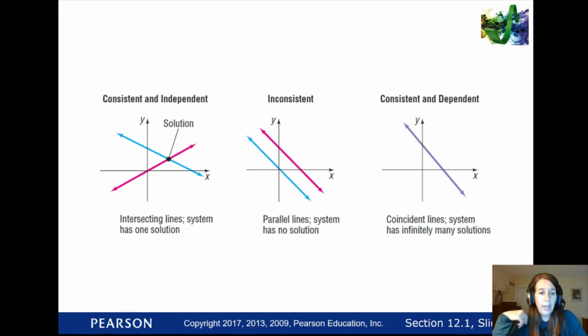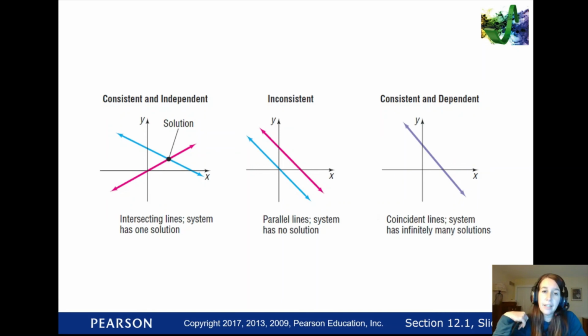And when you have intersecting lines, the system has one solution. You find that solution, and that is called a consistent, independent set of equations. They're consistent because there's a solution, and they're independent because the two lines are different lines, they're just crossing in one point. So consistent and independent.